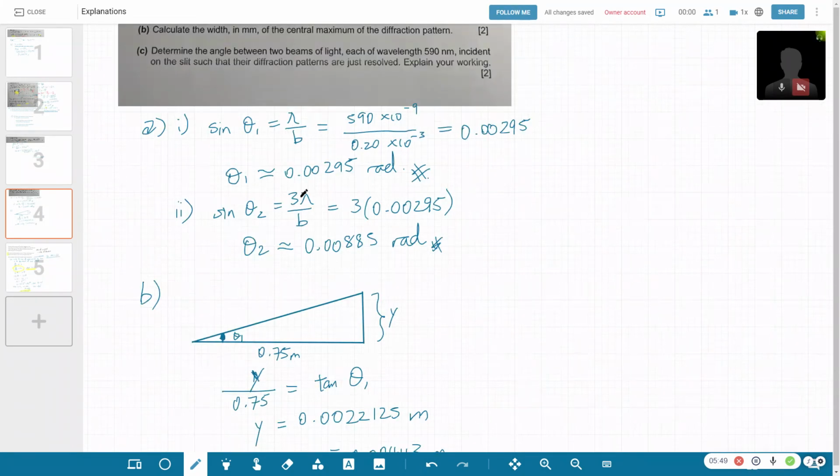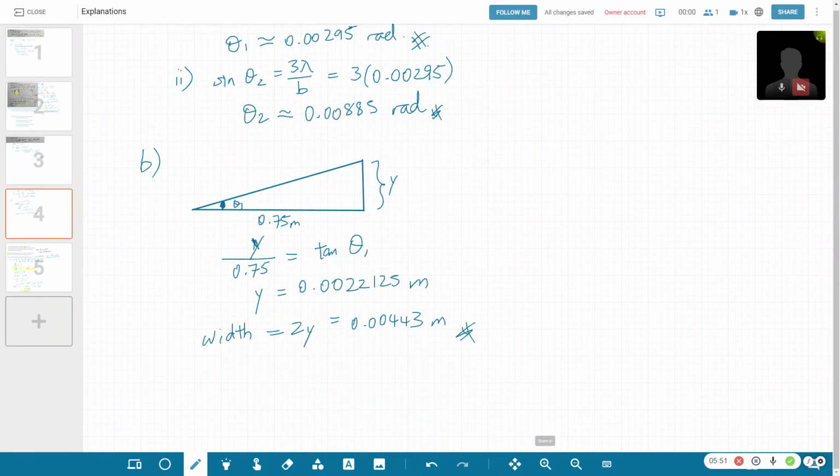Oh, they wanted it in mm. Let me change it to mm. That is approximately, rounded off, 4.43 mm.